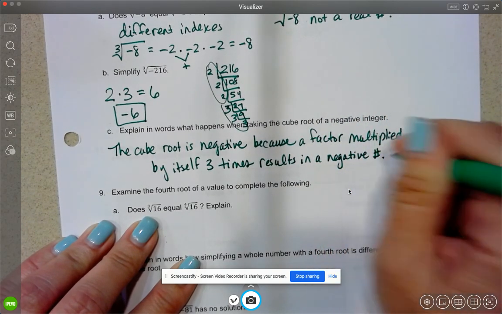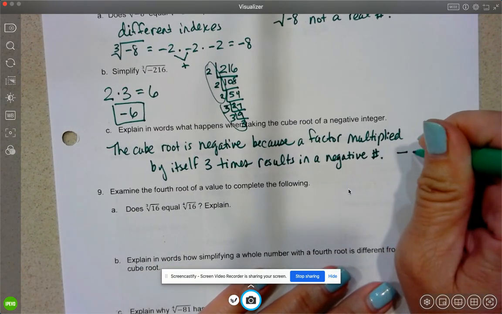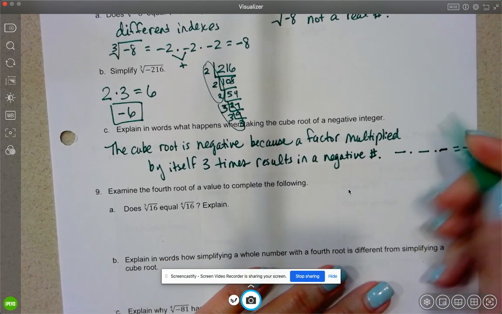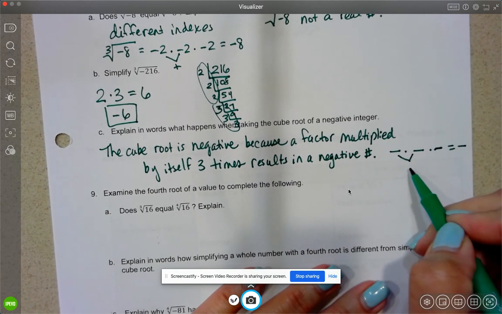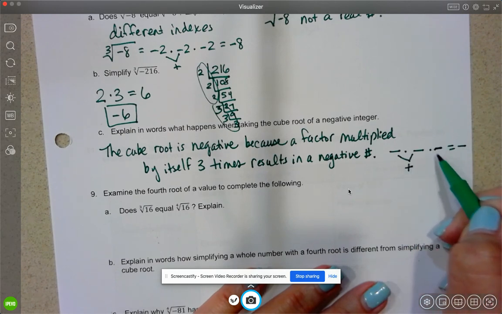And you can see that no matter what number it is. If you have a negative times a negative times a negative, it's going to be negative, because you have a pair of negatives that make a positive, and then you always have this one negative left over.